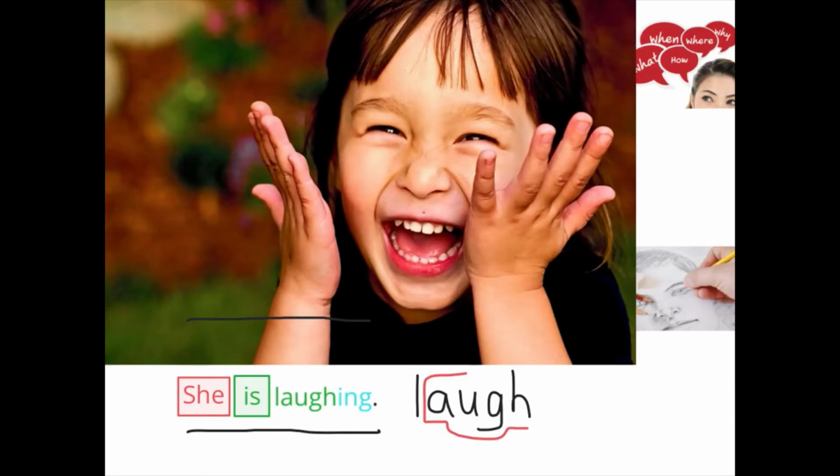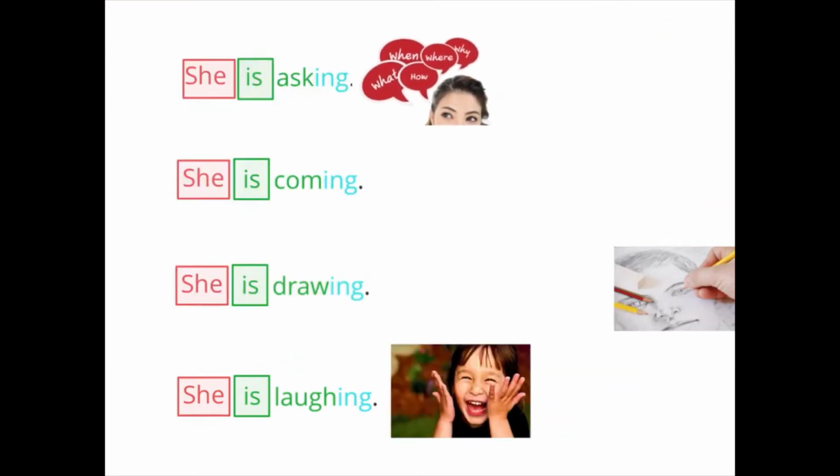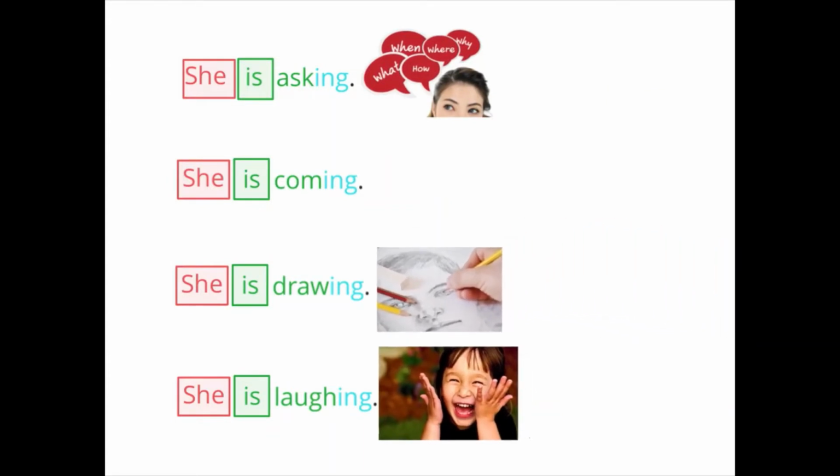This AUGH is a digraph. 4 letters are making one sound, although in this case it's kind of 2 sounds. It's going to make a. So our word is laugh. So we have she is asking, she is coming, she is drawing, she is laughing.